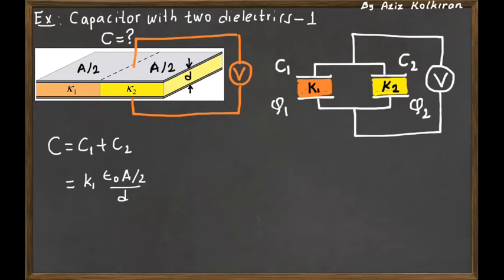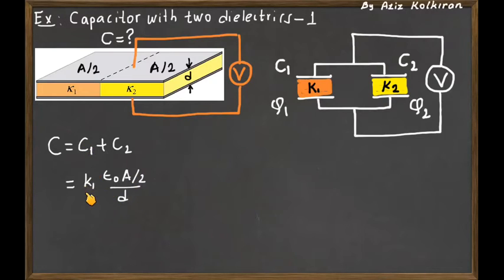And of course, it is very easy to express these capacitances C1 and C2 in terms of the dielectric constant, epsilon zero, the surface area of the plates, and the distance, the thickness of the capacitor.